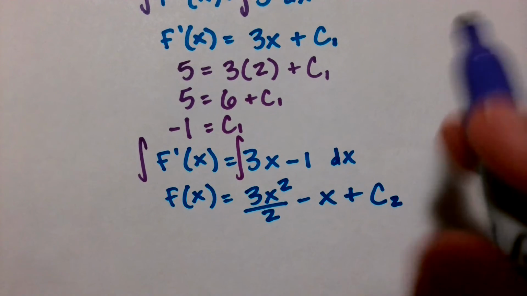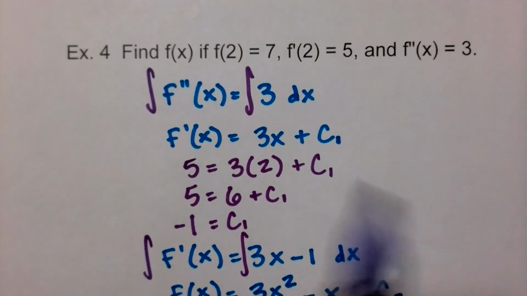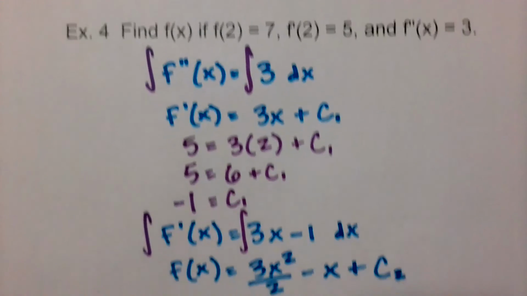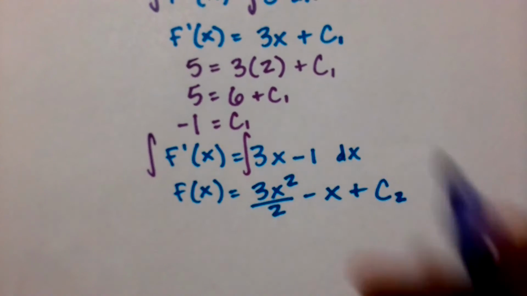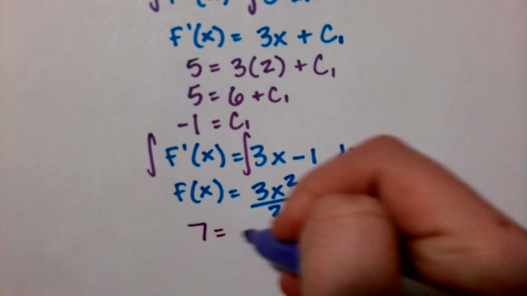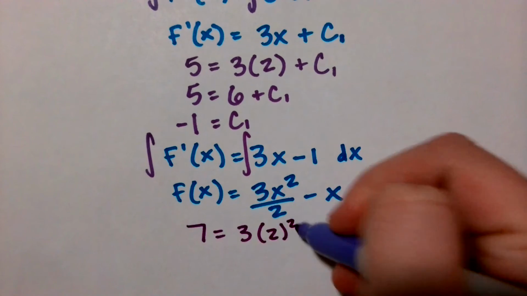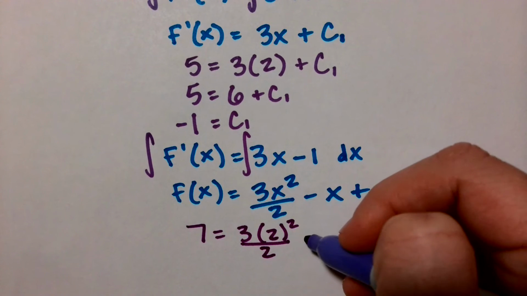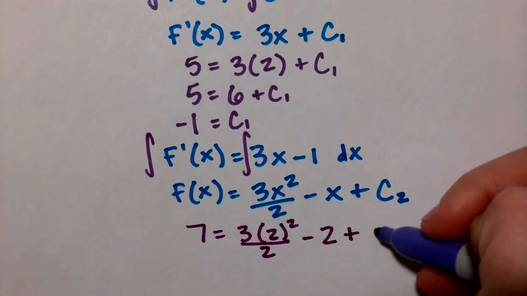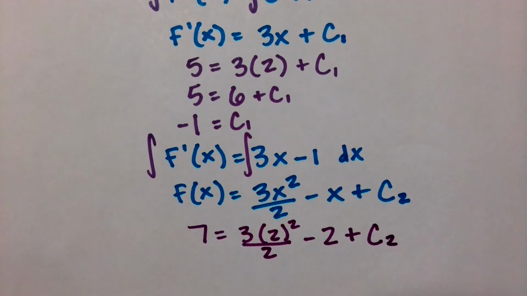So now, using our final piece of information that f of 2 is 7, I can solve for the final c. So if I'm plugging in 2 for the x's, c sub 2, and let's see, we've got 12 over 2 is 6, minus 2 is 4.